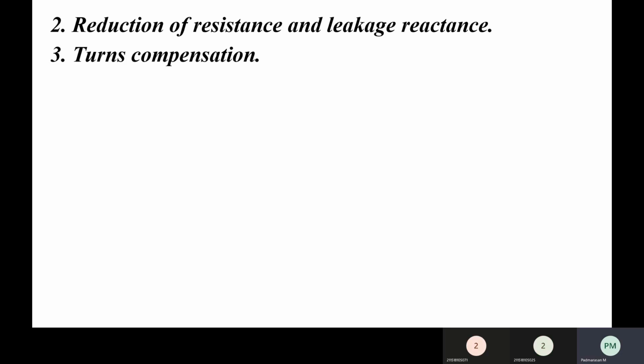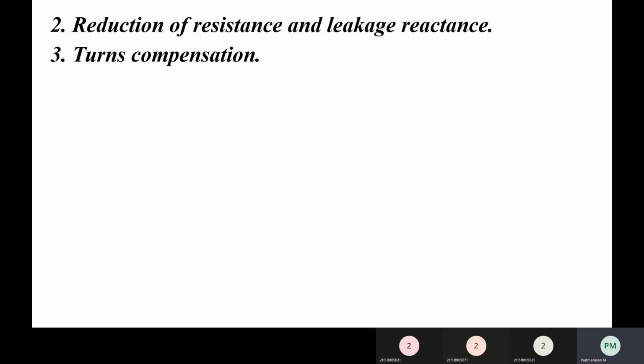By using high permeability materials, we can reduce Im and Iw. Similarly, second, keeping the flux density in the core to a low value. By keeping the flux density in the core low, we can reduce Im and Iw.